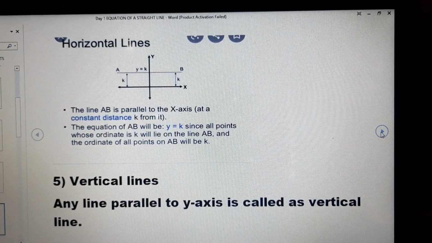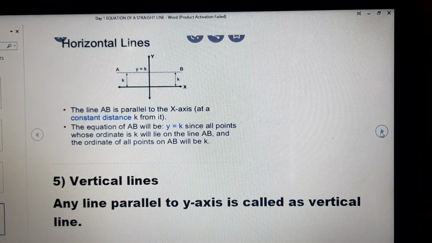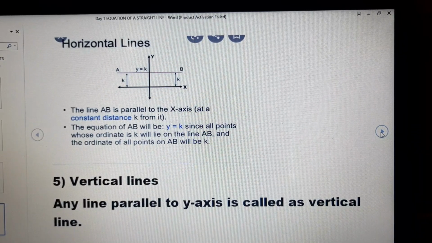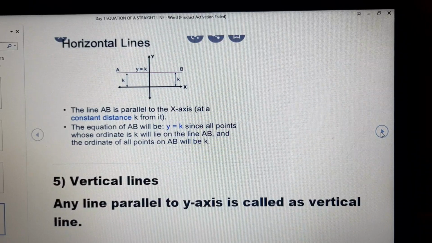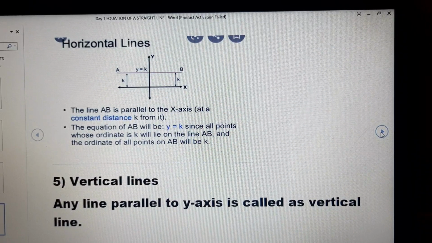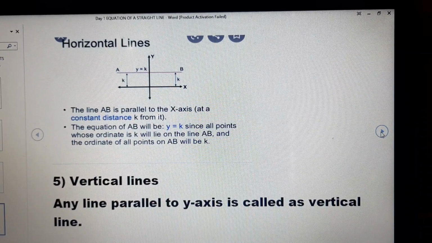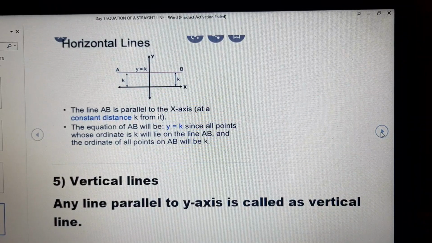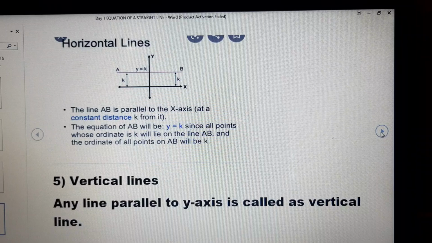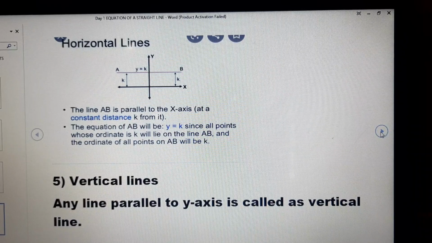You can see here AB is a line segment which is parallel to the x-axis, and you have done these kinds of questions in previous classes: if you have to find the equation of a line which is parallel to the x-axis and cuts 3 units above the origin on the y-axis, then what will be the equation of this line?